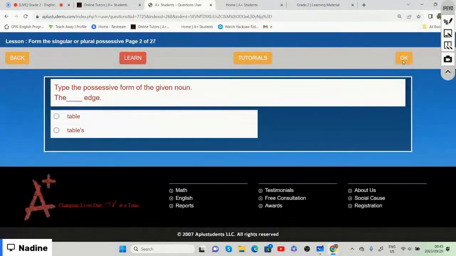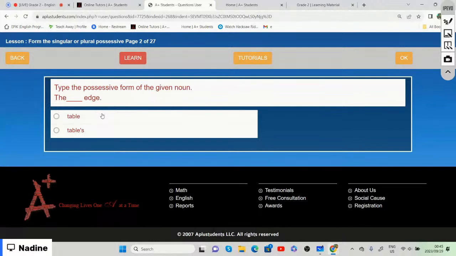We need to type the possessive form of the given noun. The table edge or the table's edge. Is it the table edge or the table's edge? So basically, if we are making mention of the edge of the table, right? It is the edge of this specific table.